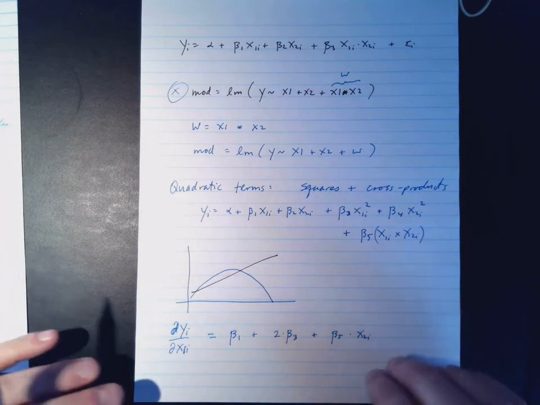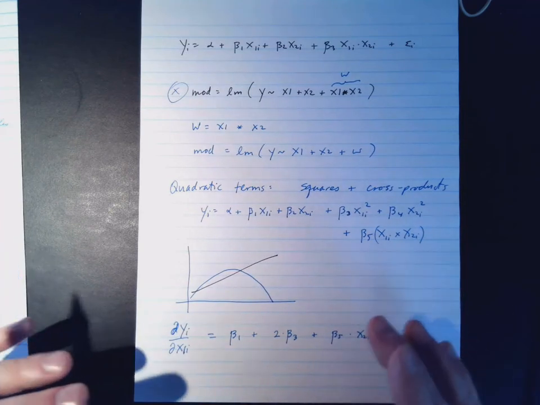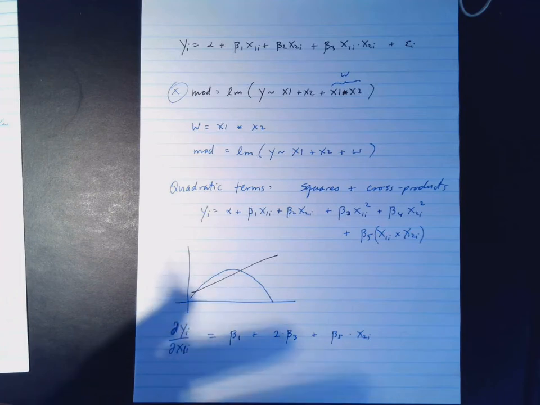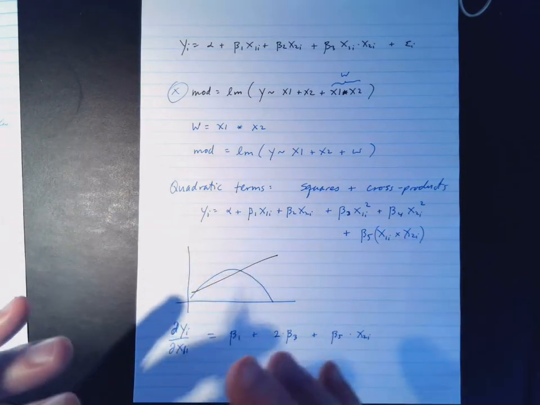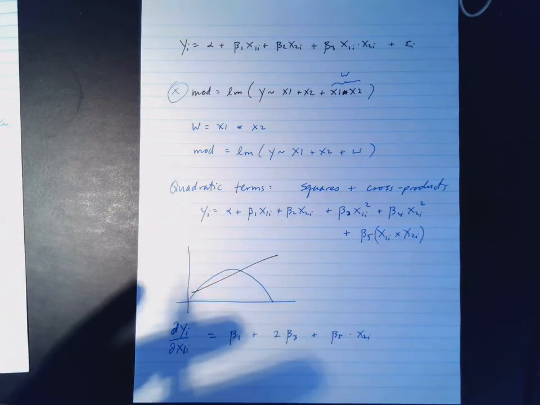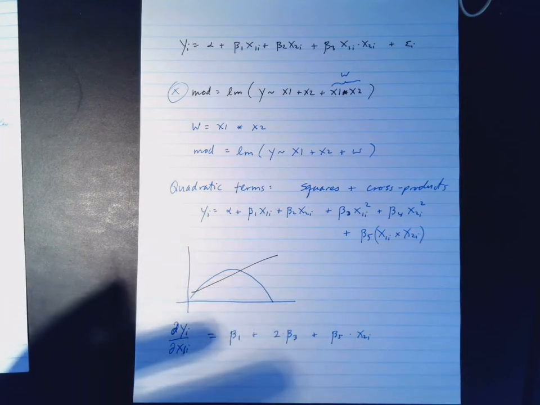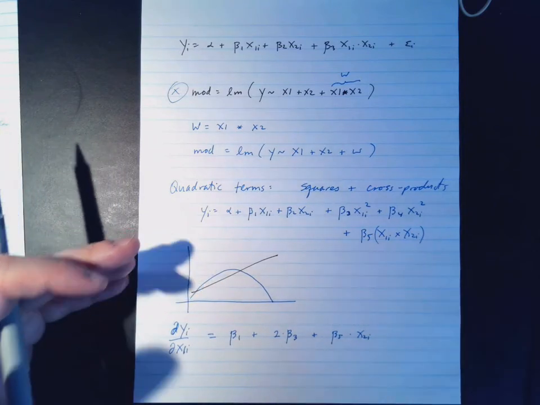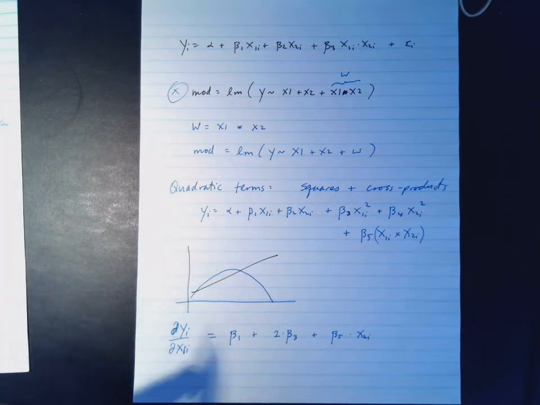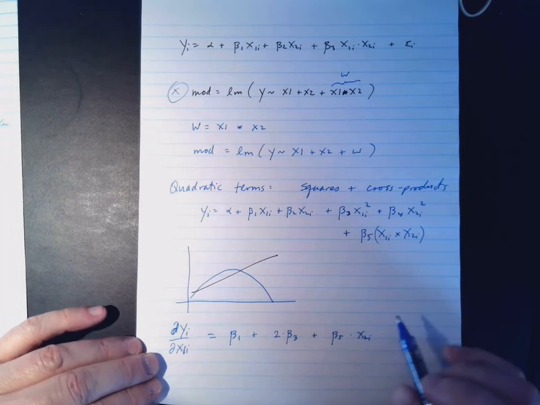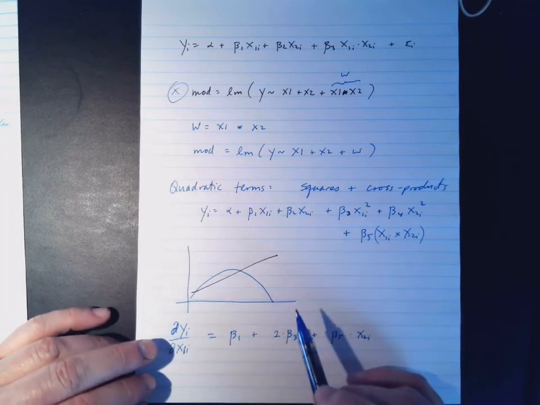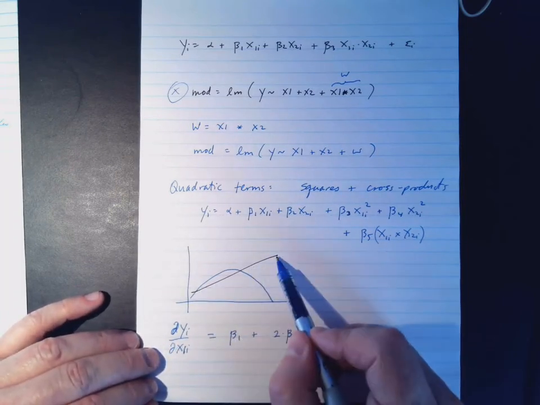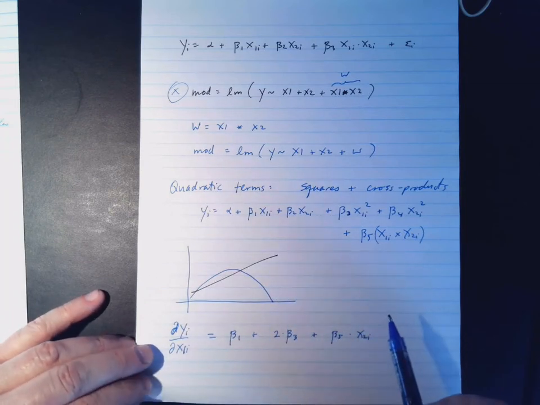Or to go to our house price example, if beta 5 is positive, that means that the larger the lot size, the more an increase in the floor space of the house drives up the price. And it could go the other way. If it's negative, then it means the larger the lot size, the less an increase in the floor space increases the house price. So interaction terms allow this slope to be affected by the other variables in the model.